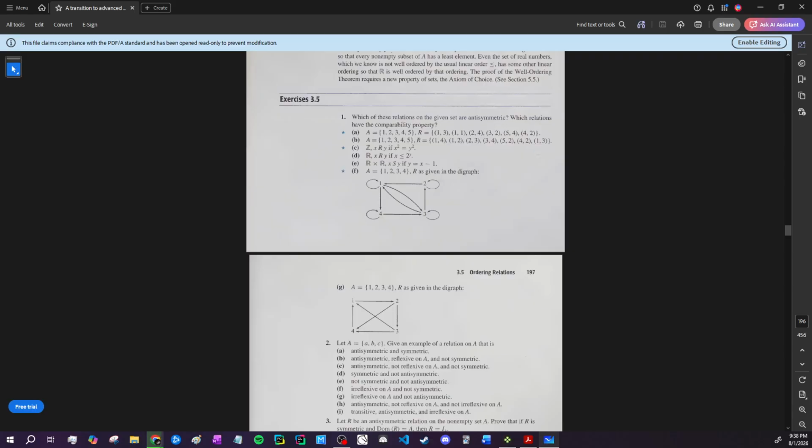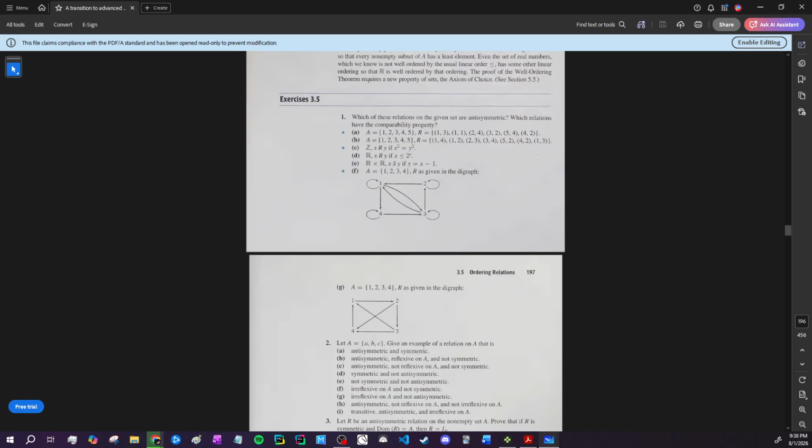Now, is it comparable? So for every single value where x, y is in A, is x comparable to y or y comparable to x? Is x related to y or y related to x?